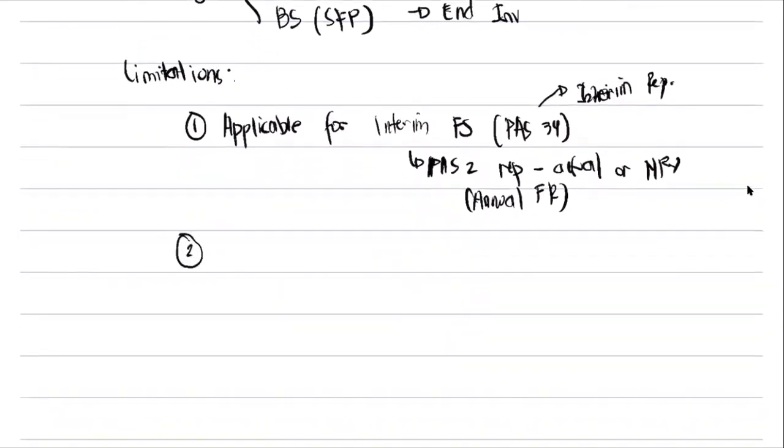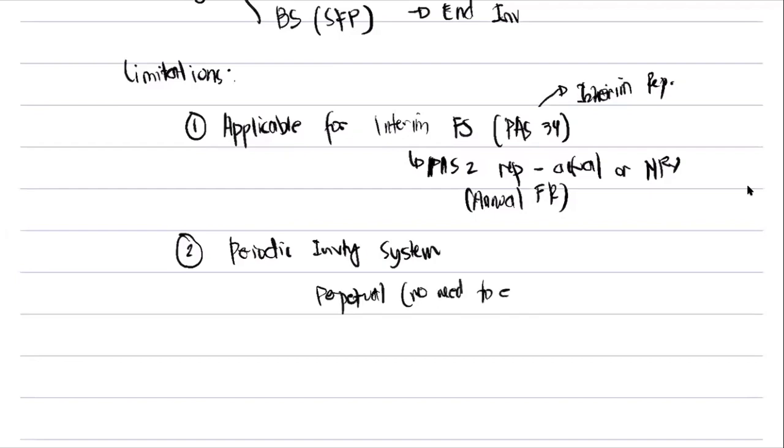Another limitation is it is useful only if you are using the periodic inventory system. Why? Because if you are using the perpetual inventory system, you do not need to estimate. Why? Because under perpetual, we keep records.